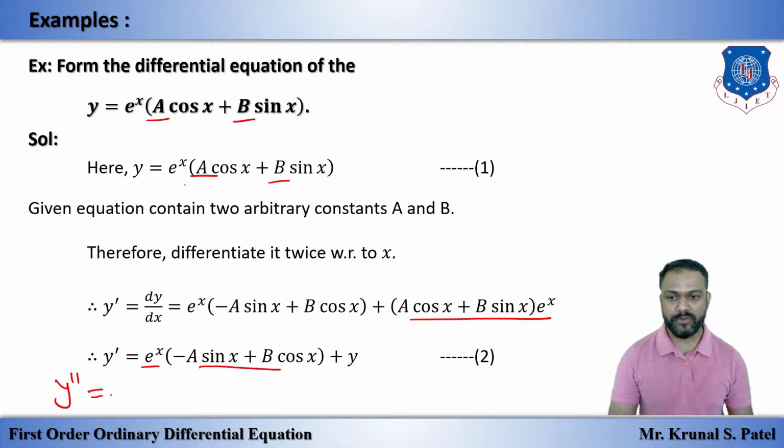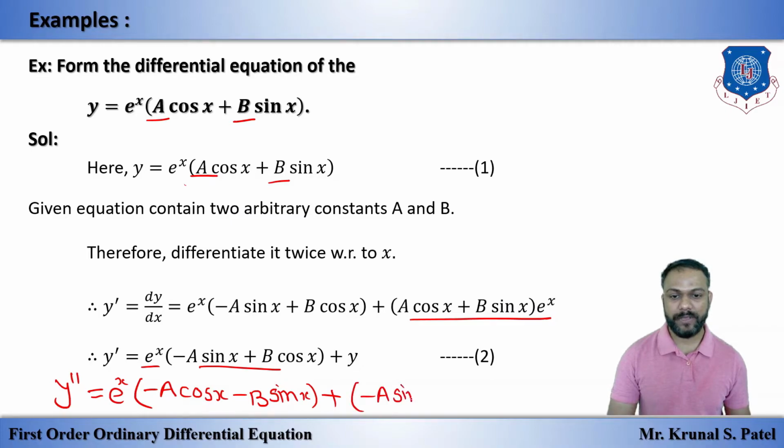First e raised to x as it is, and differentiation of this is minus a constant, differentiation of sin x is cos x, plus b constant, and differentiation of cos x is minus sin x, so this becomes minus. Now plus this bracket as it is, and differentiation of e raised to x is e raised to x, plus differentiation of this y is y dash.